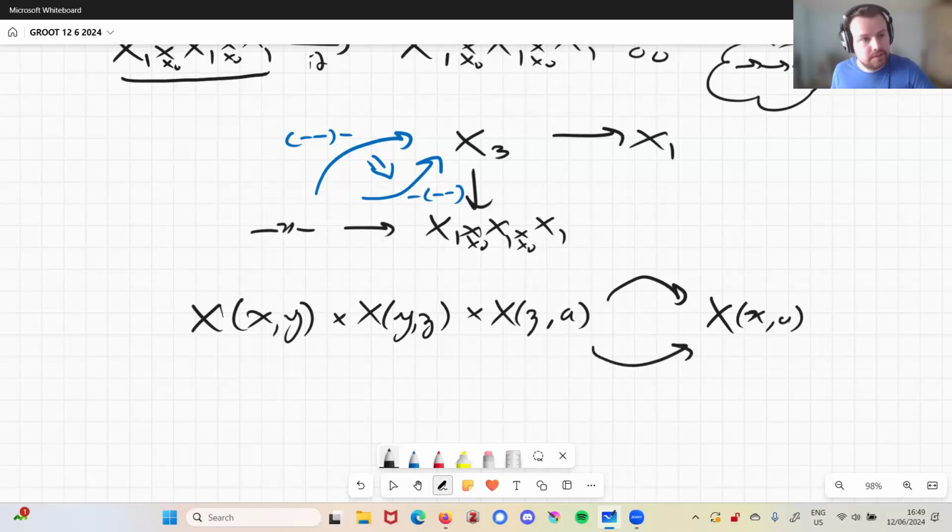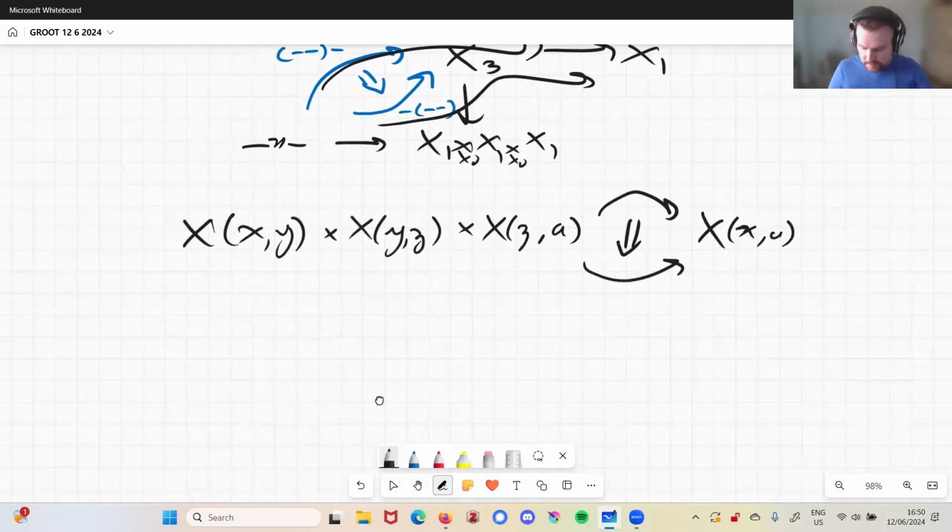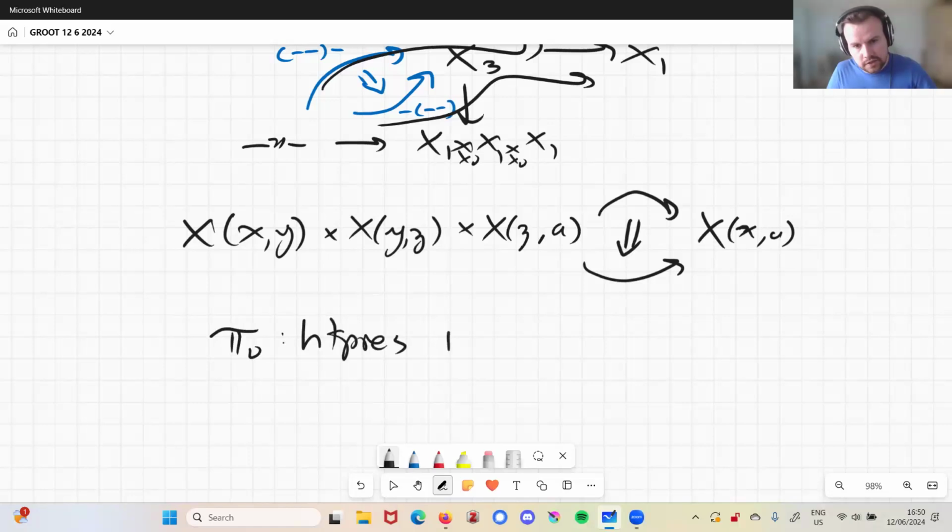We get these two different composition operations by doing this or doing that. And we get a homotopy between these. Now, pi0, what would pi0 do to a homotopy? Well, what is a homotopy but a generalized path? So it will turn homotopies into equalities.